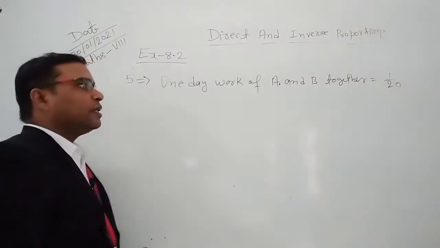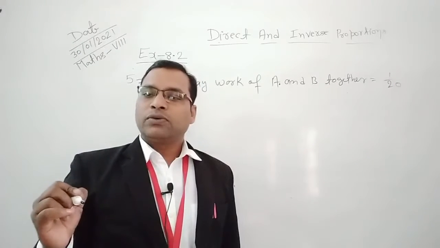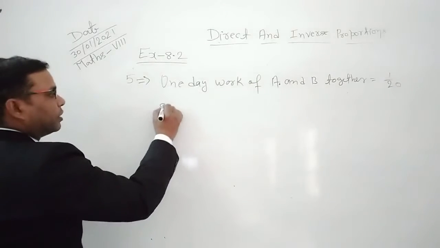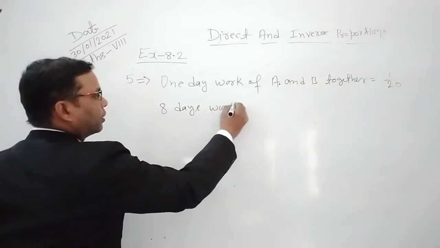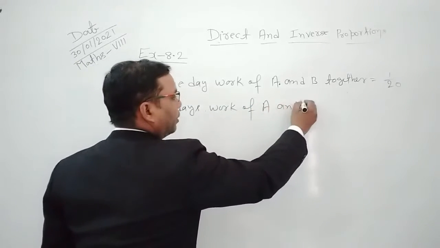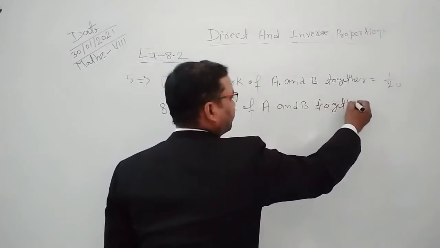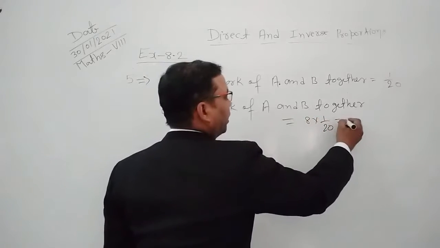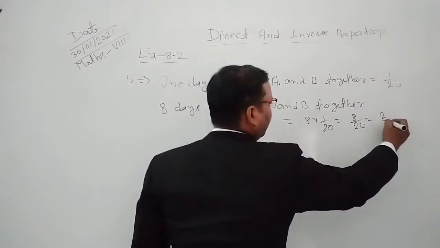Now we find the 8-day work because A and B worked together for 8 days. So the 8-day work of A and B together is equal to 8 into 1/20, or you can write it 8/20 or 2/5.